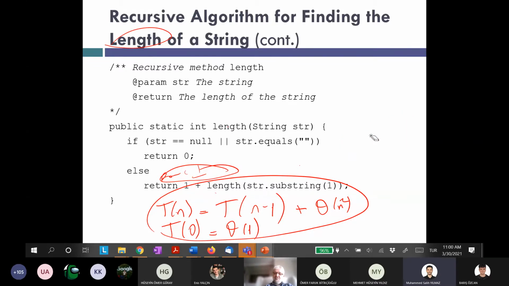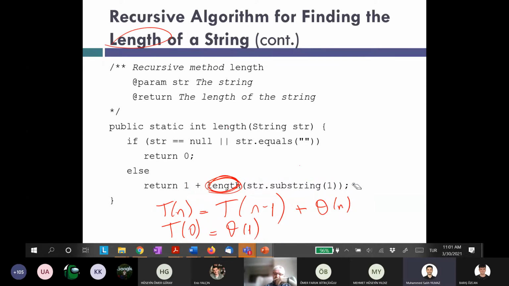Yeah, so you should be analyzing what is left other than this recursive call and put the running time in here, of course. Right? And what if T0 was something else other than constant time? Would it make a difference? Yes, of course.